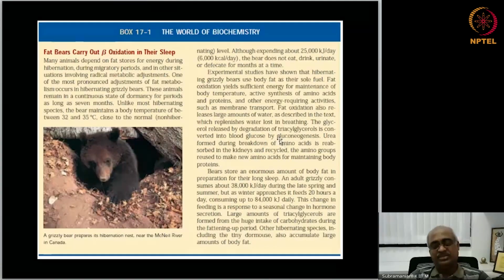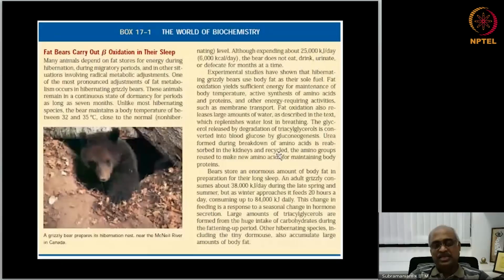And the amino acid catabolism leads to production of urea. Since it doesn't eat any new food, and all that is stored is triacylglycerol, the nitrogen of the urea is efficiently recycled into making new amino acids.